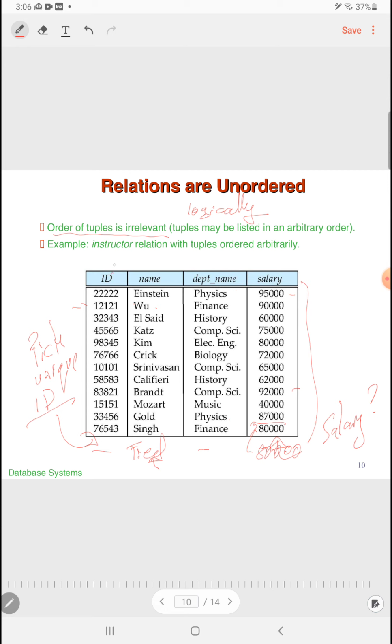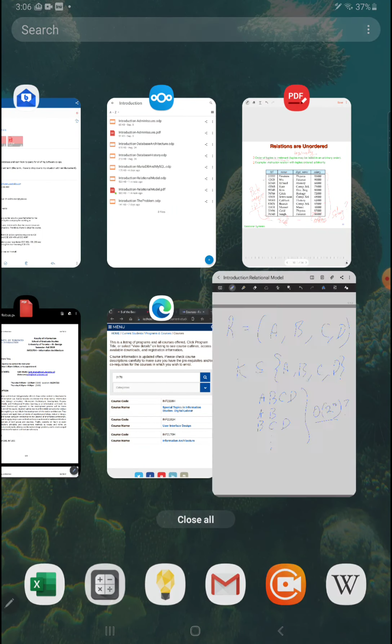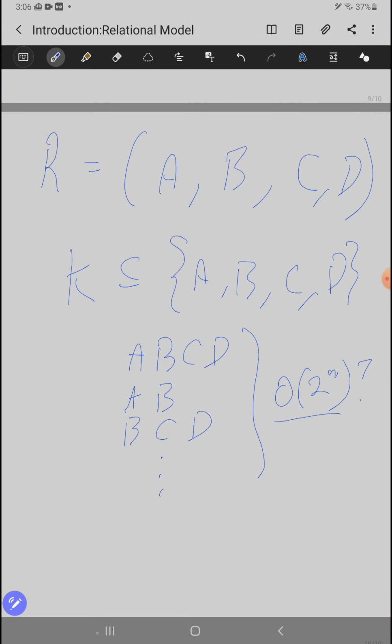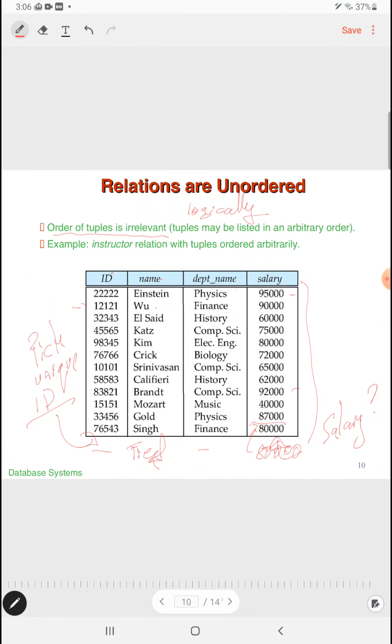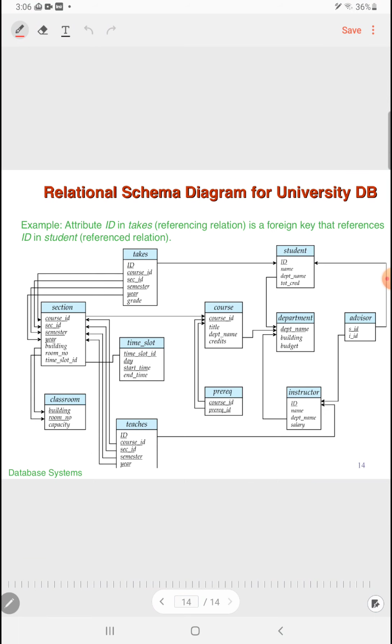Now, if ID is unique, then ID and name are both unique. Or ID and department number, or ID and anything is unique. So, whoops, not here. Here. Oops.